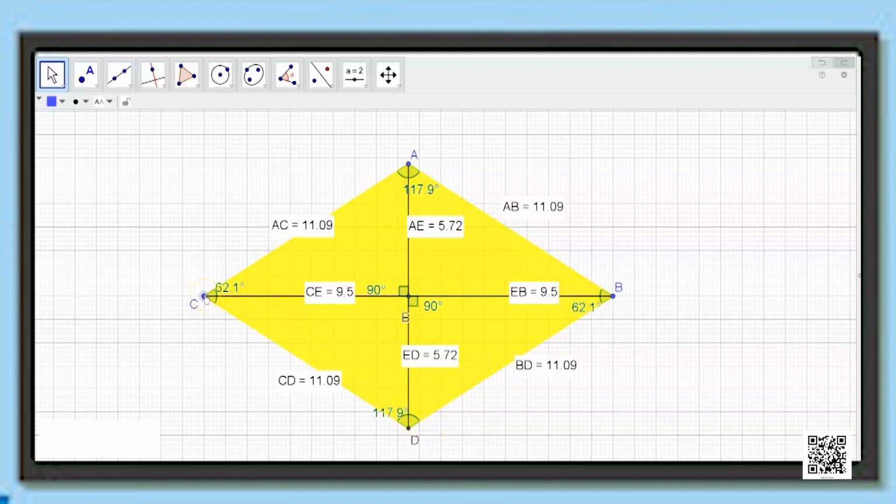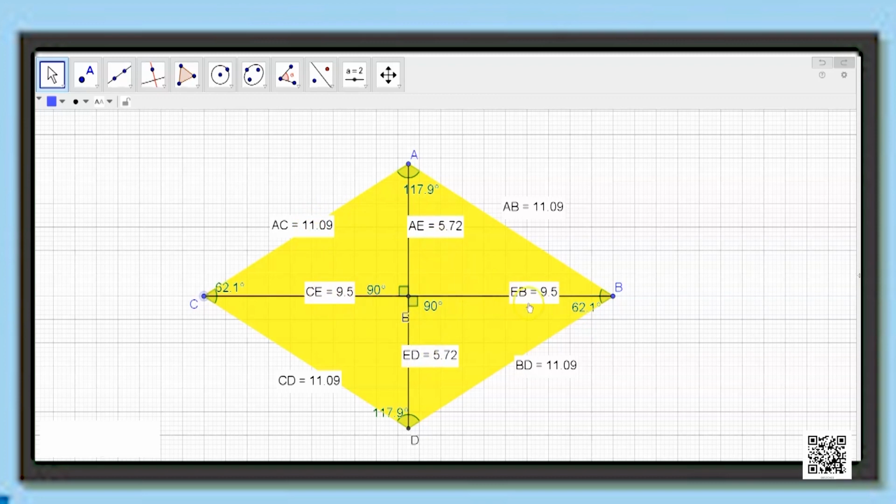Now what are the other properties that have been added on to this parallelogram that it has become a rhombus? So we look at the opposite angles now. Still the opposite angles are equal, so it is the same as the property of a parallelogram. The diagonals are also bisecting each other.